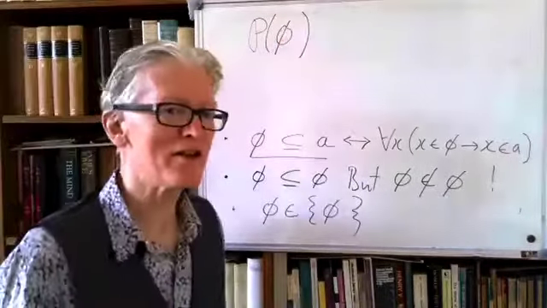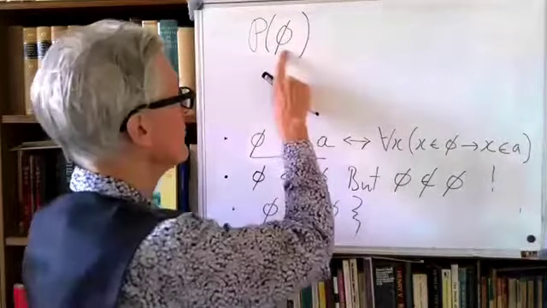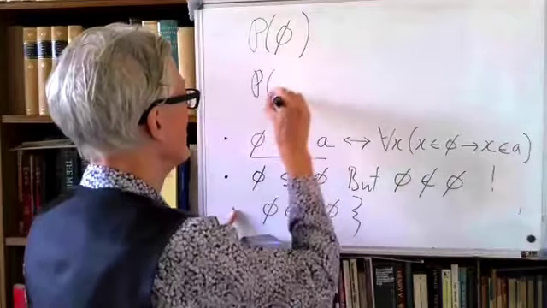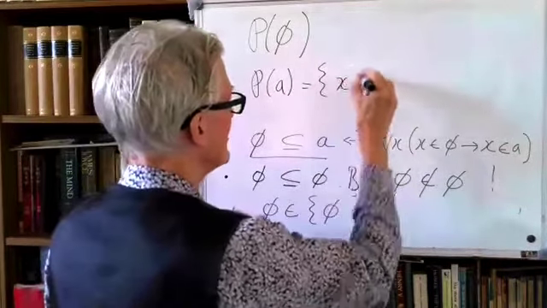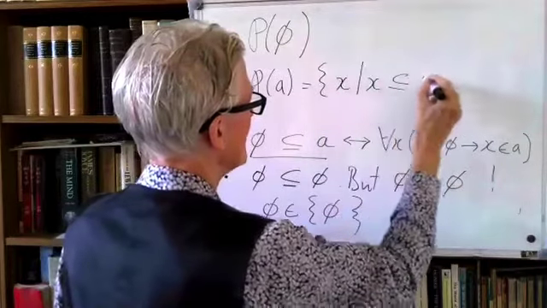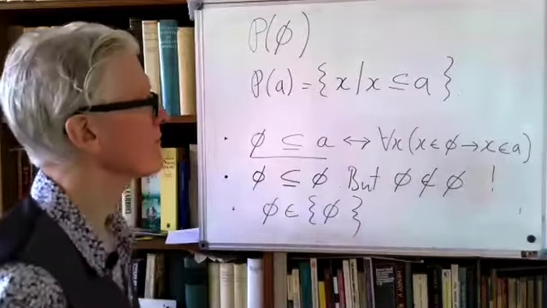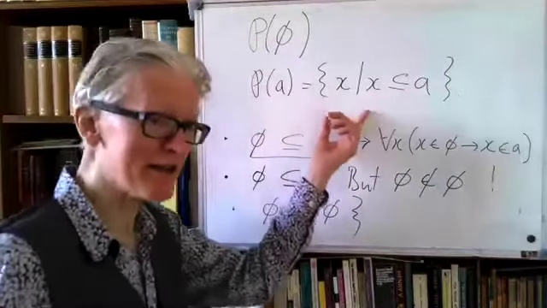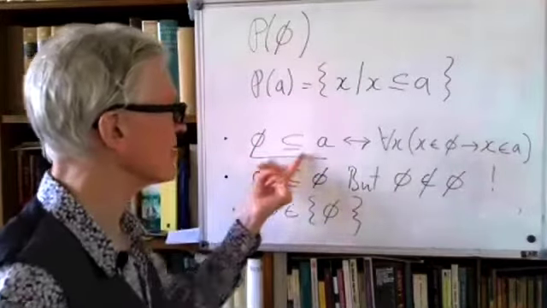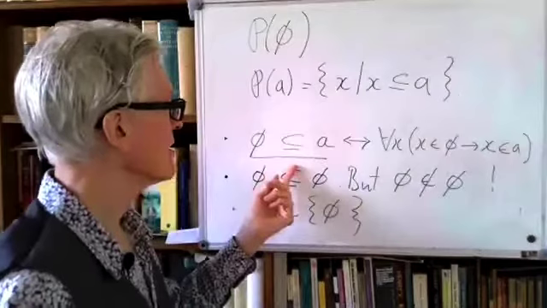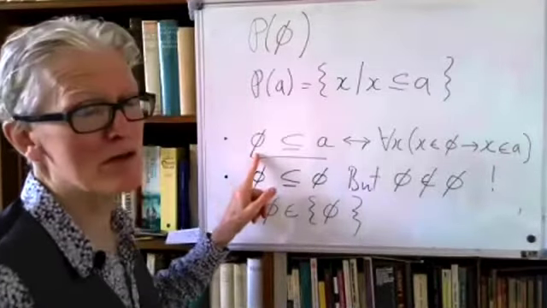What is the power set of the empty set? It's the collection of, in general, the power set of any A. It's the collection of x's such that x is a subset of A. By the axiom of power sets, this is a set. Well, we've just said the empty set is a subset of anything. So any power set is going to have the empty set as a member.